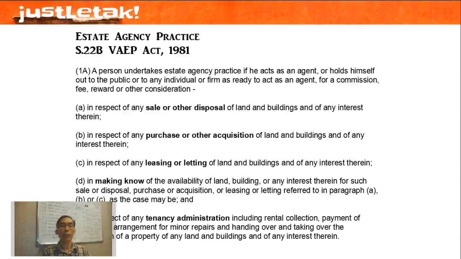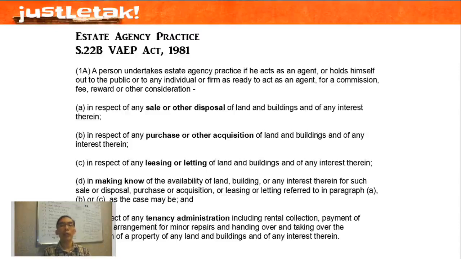And then the second part is purchase or acquisition. If a buyer authorizes his agent to look for land or a building, then the person who is authorized to look for a piece of land for him is doing estate agency practice.